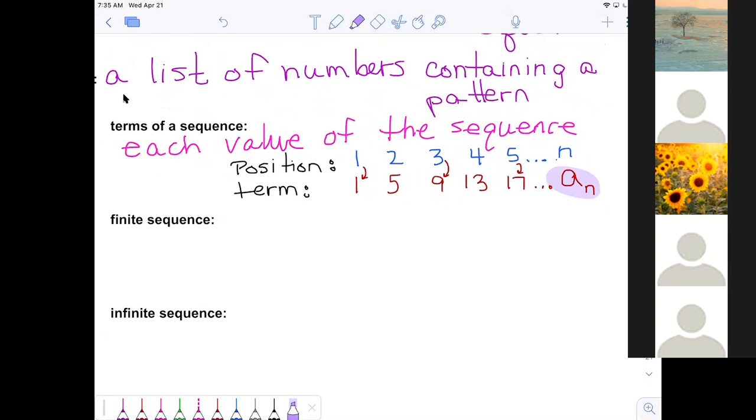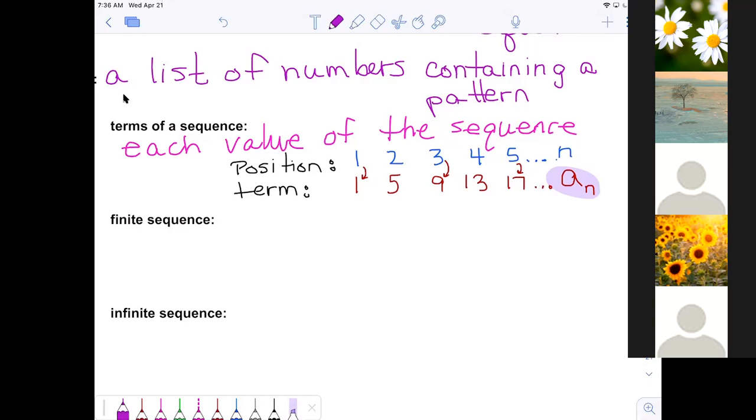The next two vocab words we have are finite versus infinite. So if something is finite, Eva M., what does it mean if something is finite? I'm not sure. Do you know what infinite means? The other one?